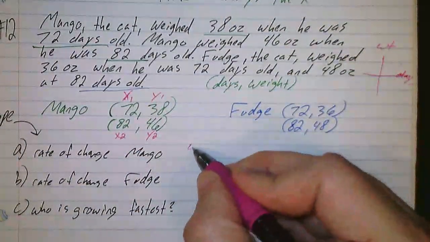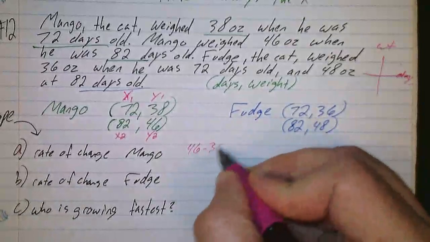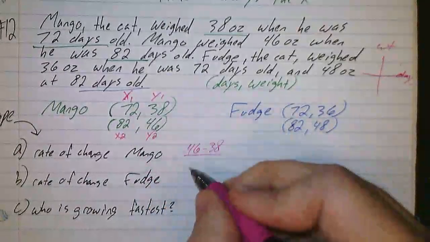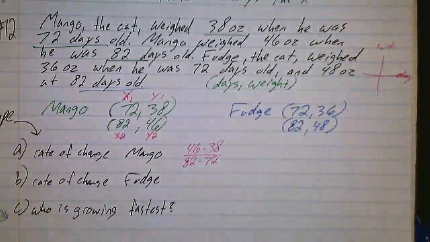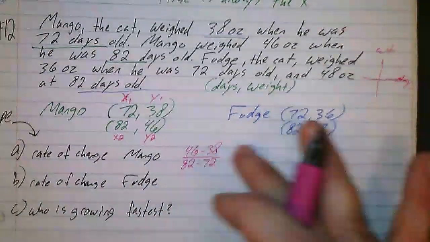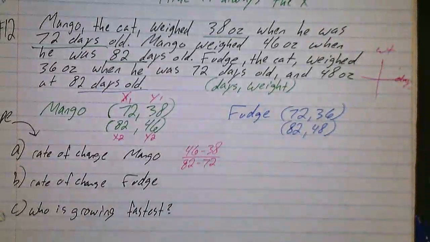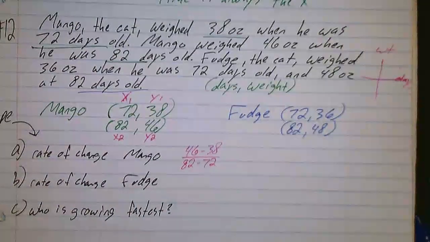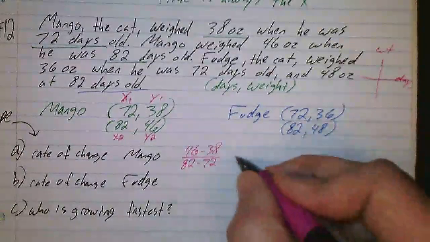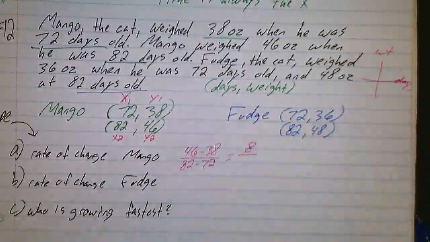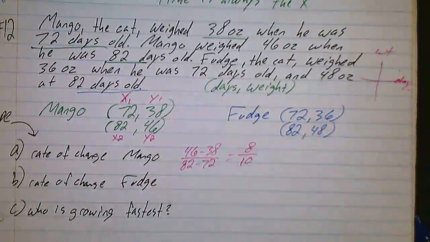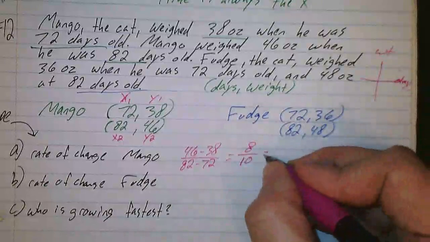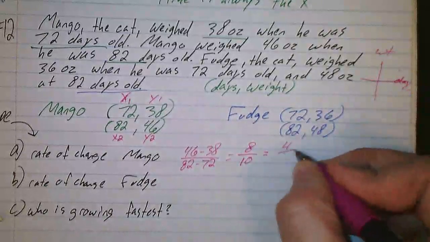So y2 minus y1 over x2 minus x1. And in the calculator, if you're going to use a calculator, you do the top separately. 46 minus 38 is 8. 82 minus 72 is 10. And this simplifies to 4/5.